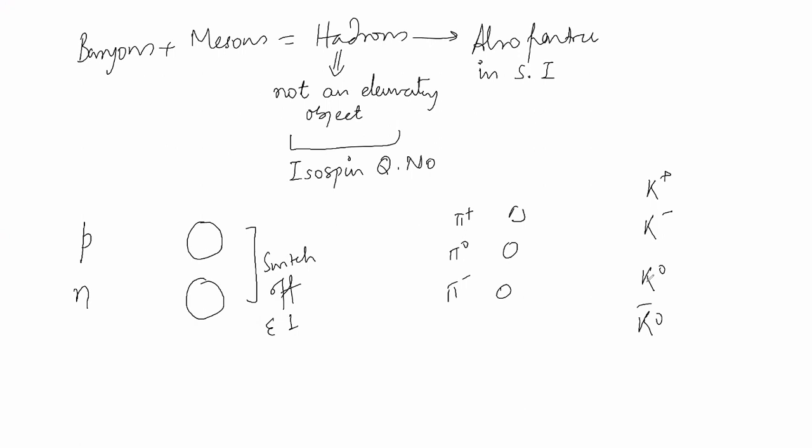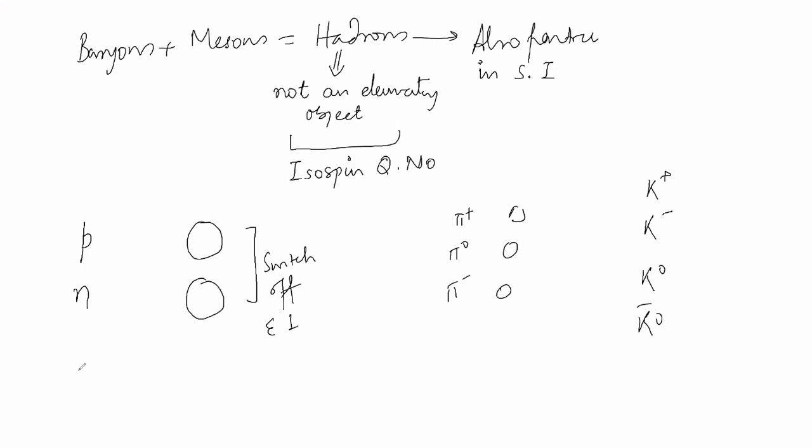Suppose I have a mixed beam of protons and neutrons and there is no magnetic field, then you cannot say by looking which one is a proton and which one is a neutron. Similarly, if you have a mixed beam of pi plus, pi 0 and pi minus and you switch off the electromagnetic interaction, that means switch off the charges on the particles, then you cannot distinguish among them.